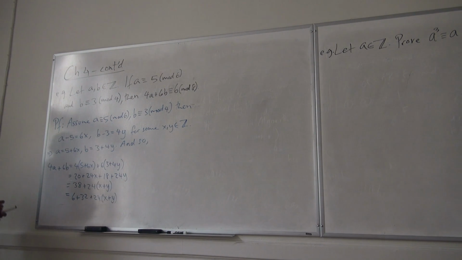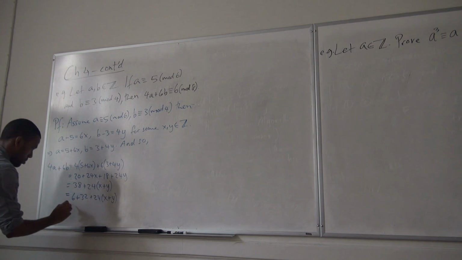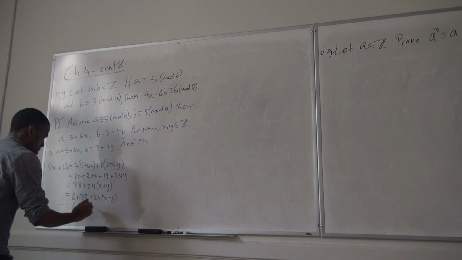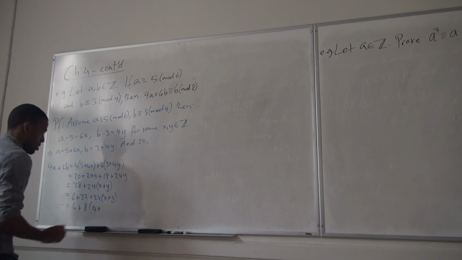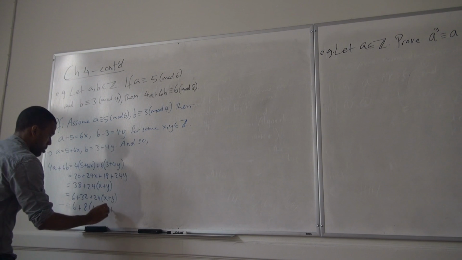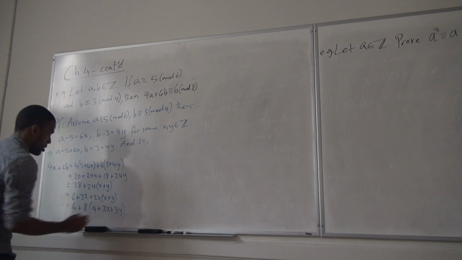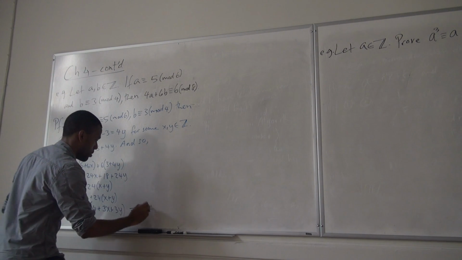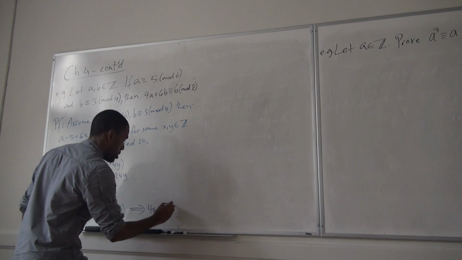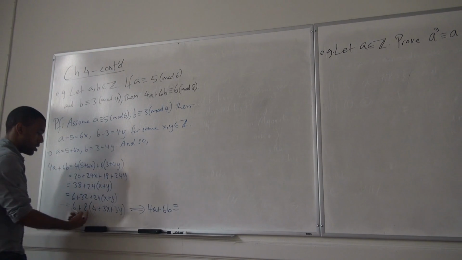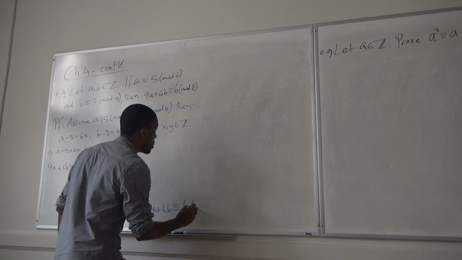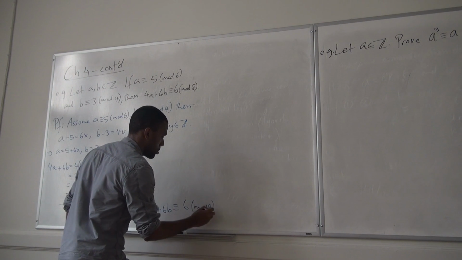And then pull 8 out of the 32 and the 24, so we have 4 plus 3 times (x plus y). Which of course means that 4a plus 6b is equivalent to the 6 here plus 8 times an integer. So it's 6 mod 8.